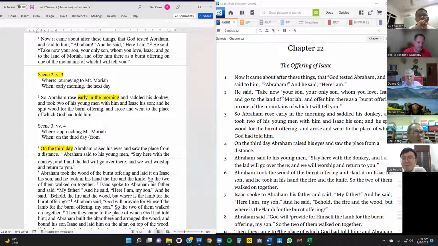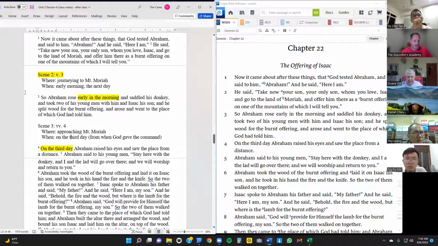I believe it's from when God gave the command. Because the first day would be verse 3, and then the third day would be verse 4. So that's from when God told him to sacrifice his son.